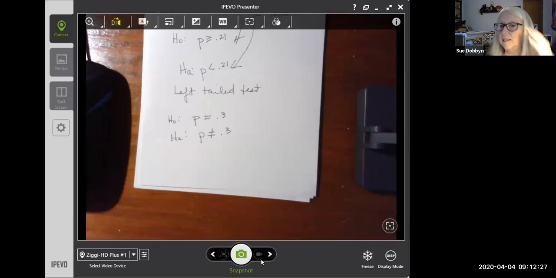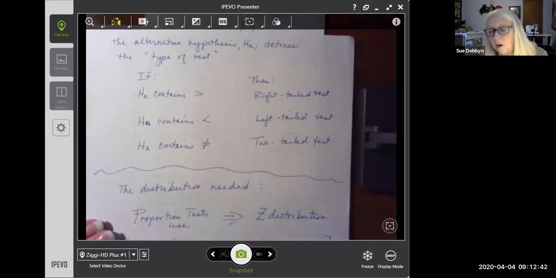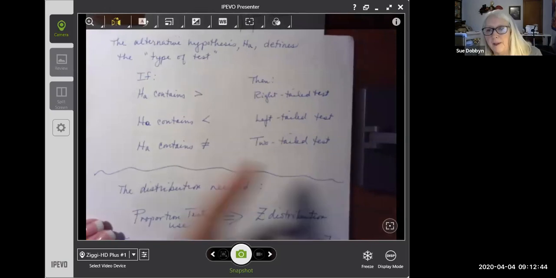Okay, this is incredibly important that you know this. So let me show you this. And if you weren't here, like Pam wasn't, or if you were here and you've forgotten, you ought to take a picture of this, because this is the rule about the type of test it is based upon the symbol that appears in the alternative hypothesis.